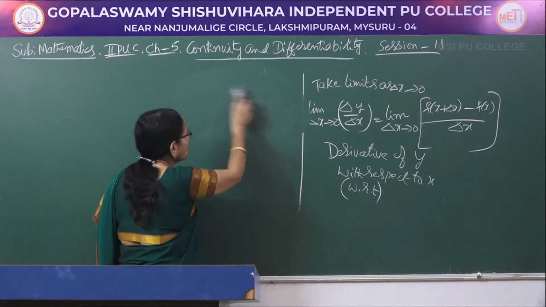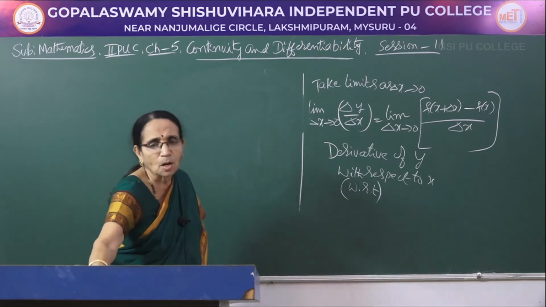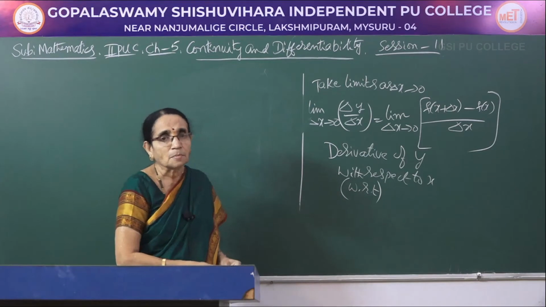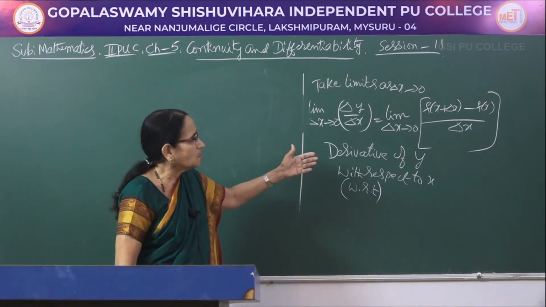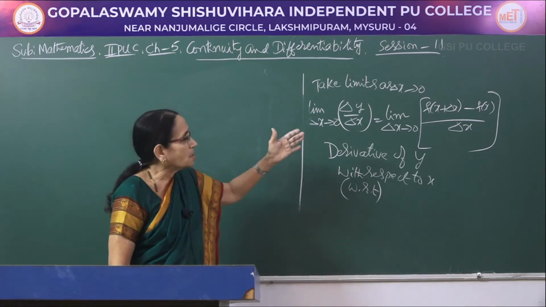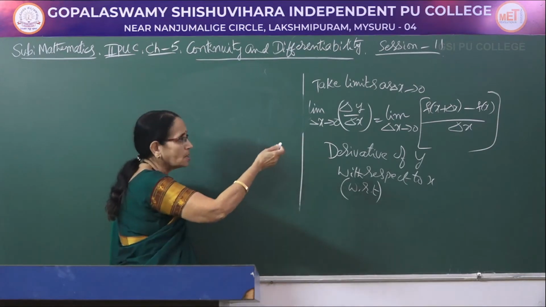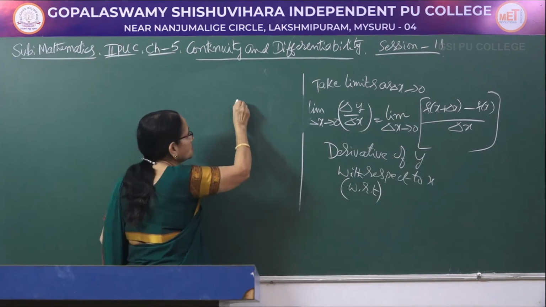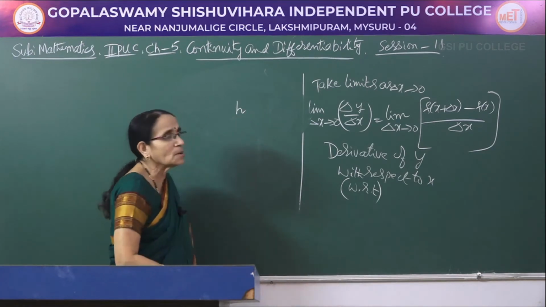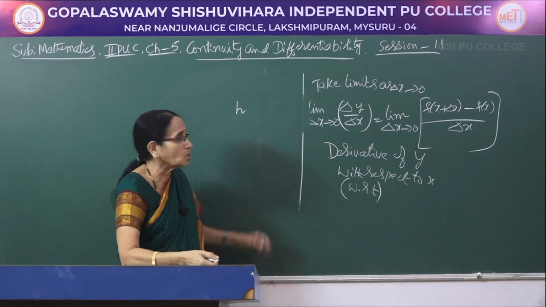Now just now I said that delta x is always a small quantity. Generally when we write the formula, delta x would be replaced by h. Even delta x you can retain as it is, no problem, but it is given as h according to the NCERT book, so now we follow that.